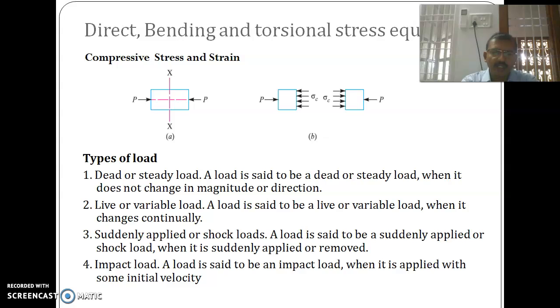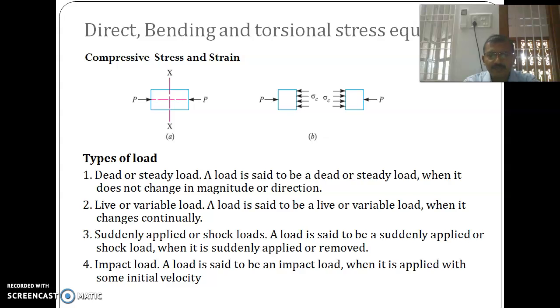It is calculated using the bending equation, M by I equal to sigma by y equal to E by R. M is the bending moment, I is the moment of inertia, equal to b d cubed by 12 for a rectangular cross section and pi by 64 d to the power 4 for a circular cross section. M by I equal to sigma by y. Sigma is the stress, y is the distance of the extreme fiber from the center.